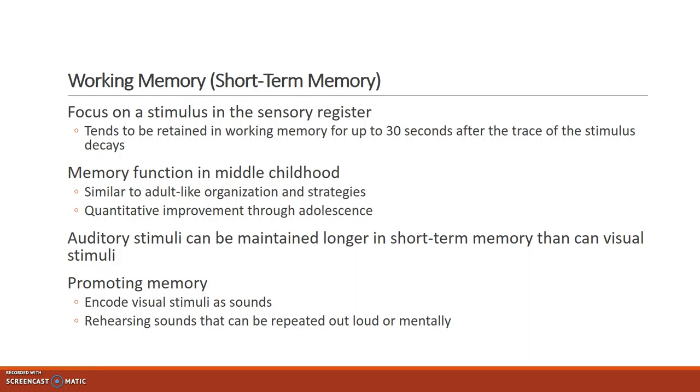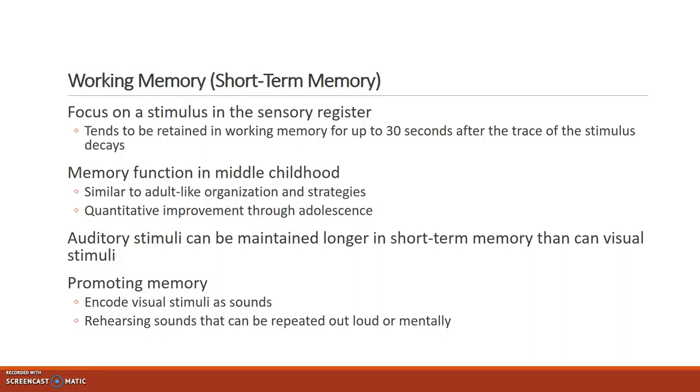For instance, if we look at someone's face and we try to remember that, we can talk to ourselves about the different aspects of their face. We can also rehearse sounds and repeat them out loud or repeat them mentally. So we can use that whole rehearsal mechanism to help promote long-term memory.